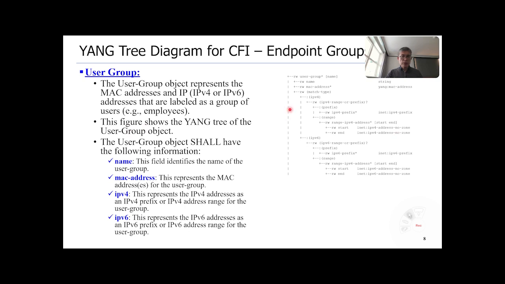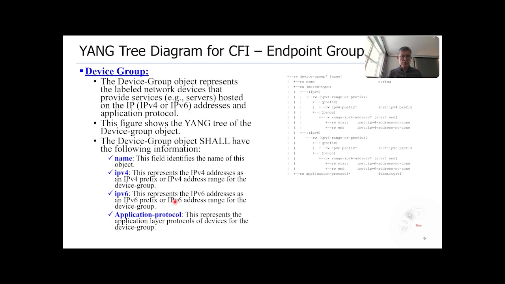This figure, right-hand side, shows the YANG tree of the user group object. The user group object shall have the following information: name, MAC address, IP version 4 addresses, IP version 6 addresses.